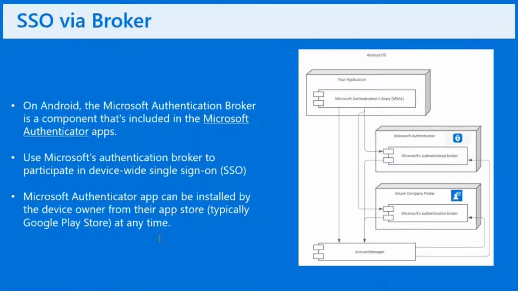Integrating with the broker can provide you benefits like conditional access, device-wide SSO, managing Intune policies, etc. The Microsoft Authenticator app can be installed by the end user anytime through the Google Play Store.